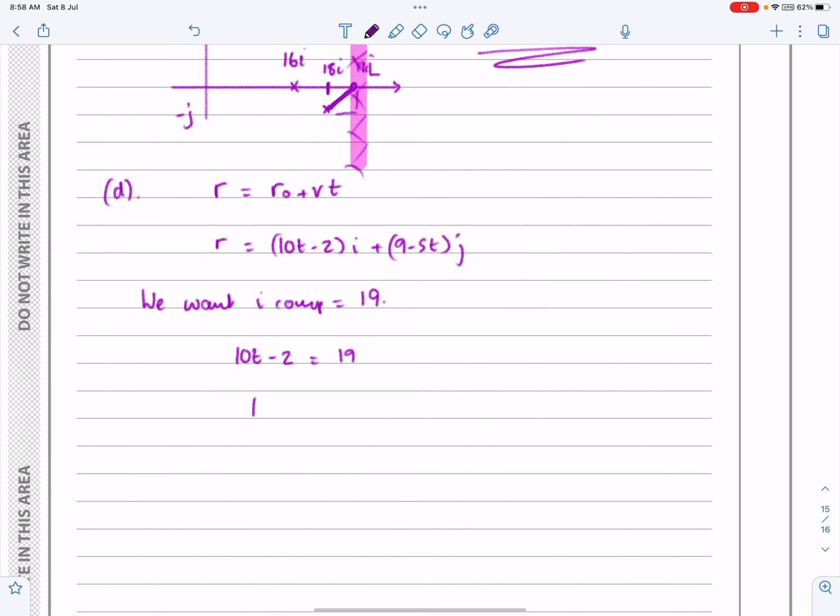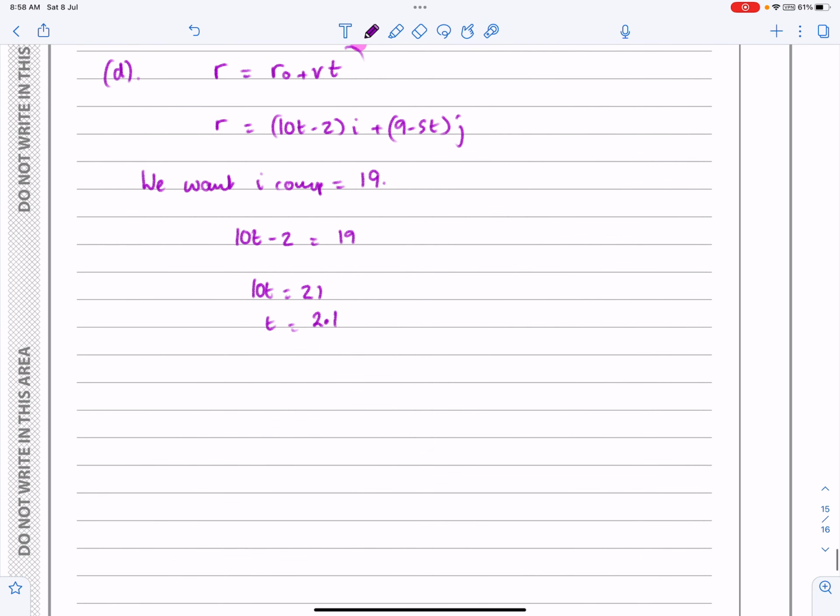So we're going to get 10t equals 21, t equals 2.1. And now I'm going to put that in for everything. So I'm going to get R equals 19i, we've already got that, plus 9 minus 5 lots of 2.1 j, and then we just need to work out what that's going to be.